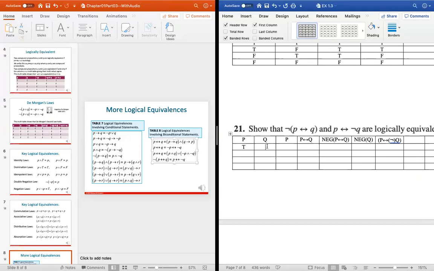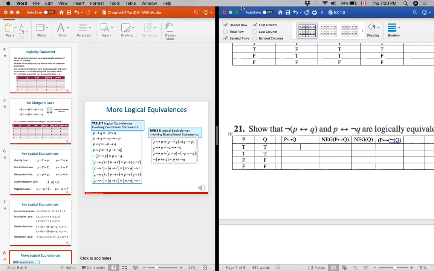So true, true, false, false for P and Q. So P, and then there is this biconditional statement, so let me pull up the truth table for that for your reference.